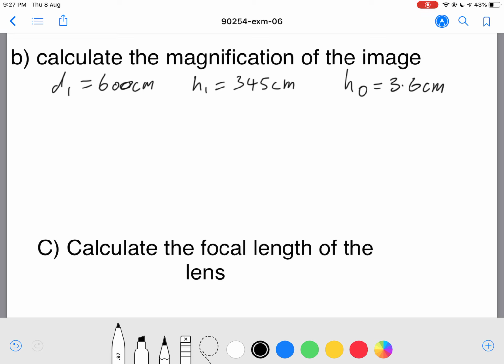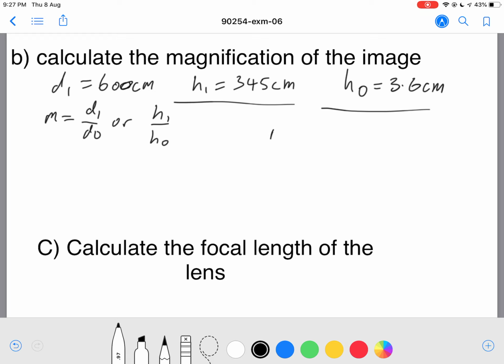Now we have our variables written down, so we go back to our equations for the magnification. You know that magnification equals di over do, or is equal to hi over ho. As you can see, you have the hi and the ho, so you can work out your magnification.